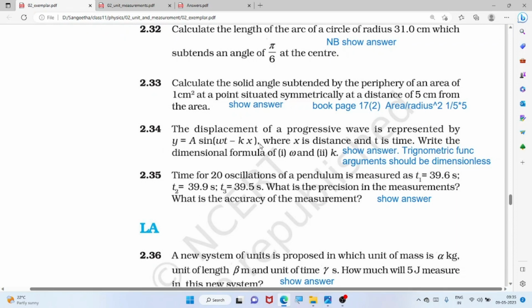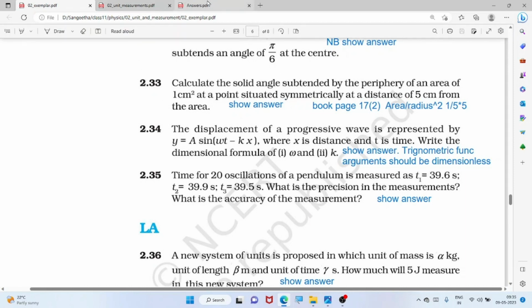The displacement of a progressive wave is represented, okay, where x is the distance, t is the time. Write the dimensional formula for these. Trigonometric arguments should be dimensionless, okay, and that is as per the book.